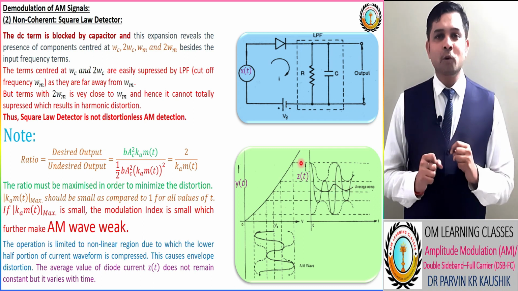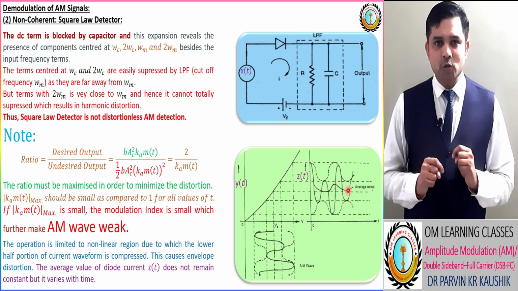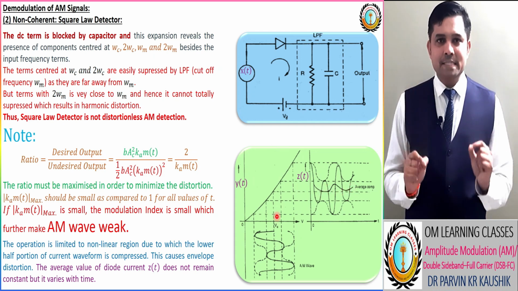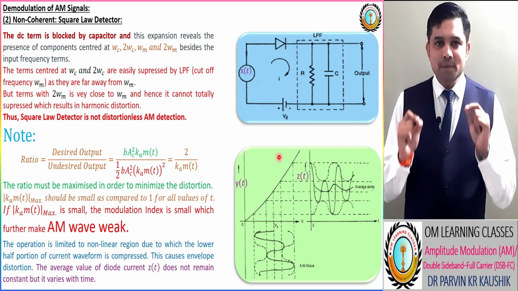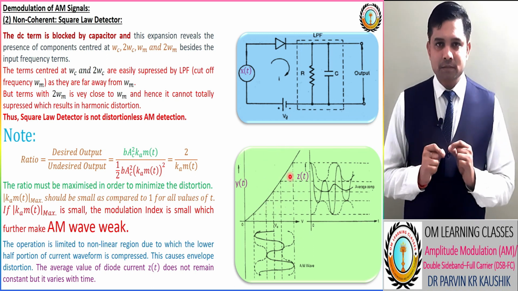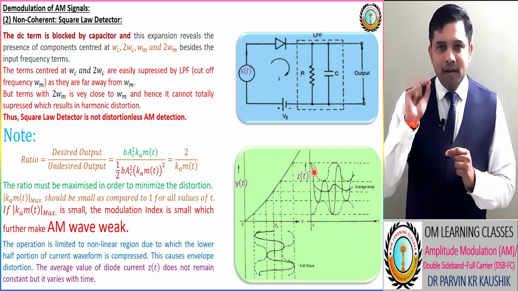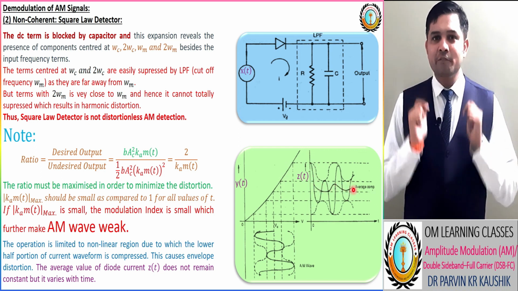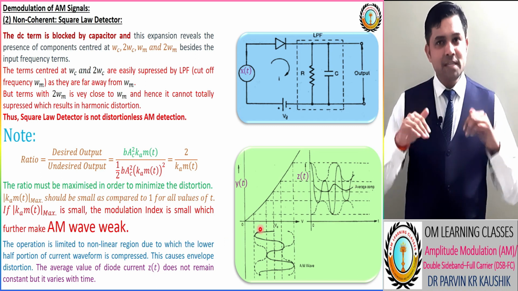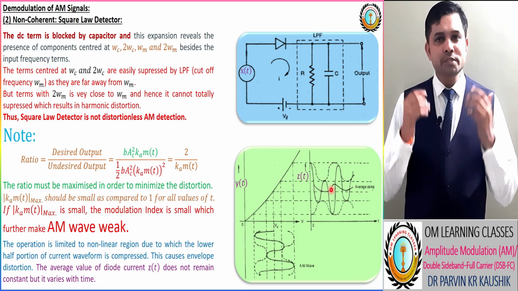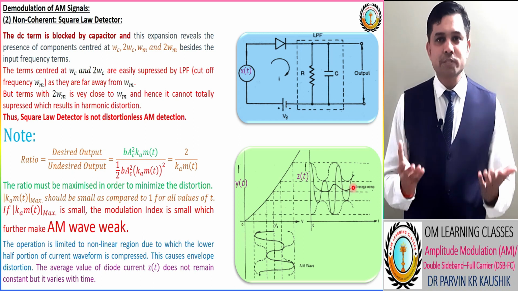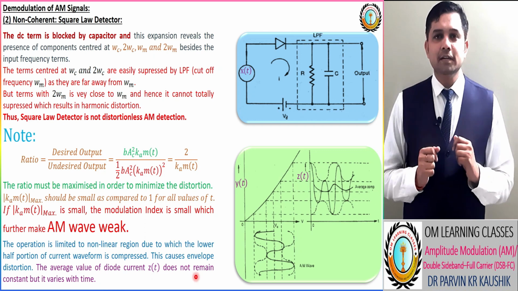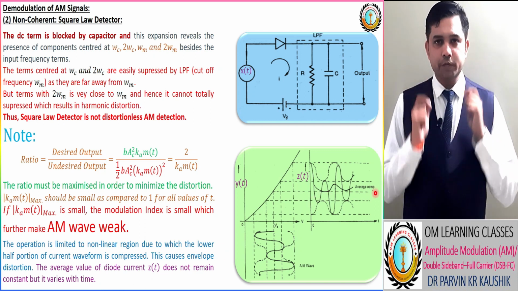One important observation from the characteristics also is that the operation of this demodulator is limited to the nonlinear region, due to which the lower half portion of the input waveform is compressed, and this will further introduce envelope distortion in the detected output. So this is a further disadvantage of this demodulator.